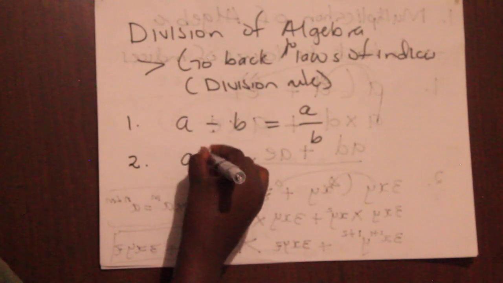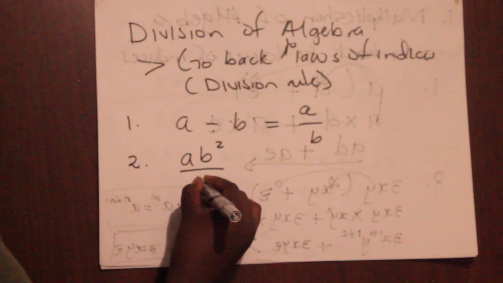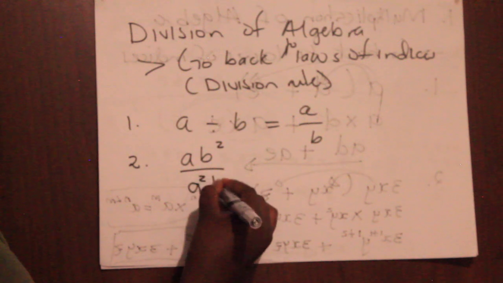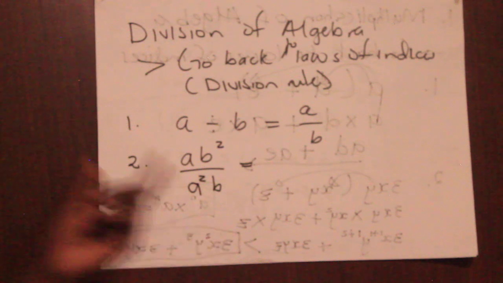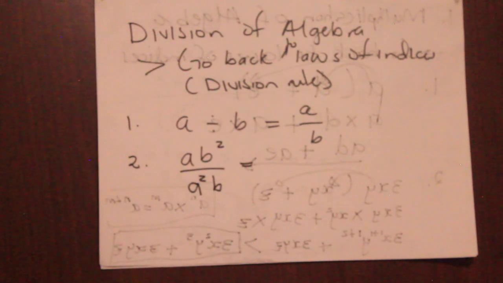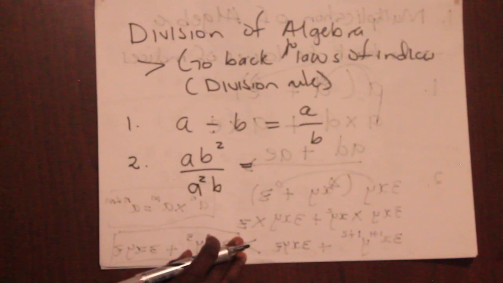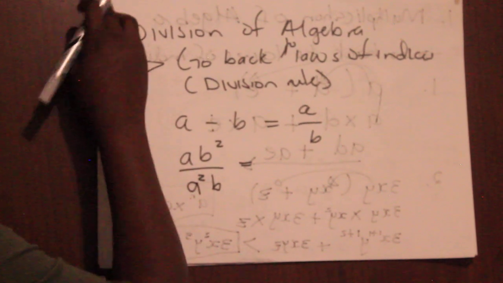Number 2, if you have, say, AB to the power of 2 over A to the power of 2B. So we are dividing algebra. This is laws of indices. Let's leave this out.